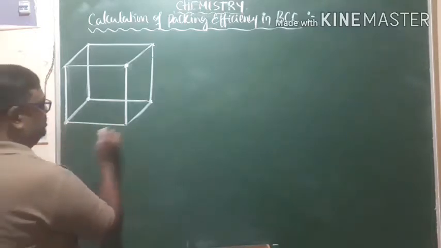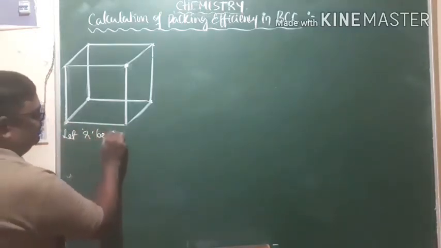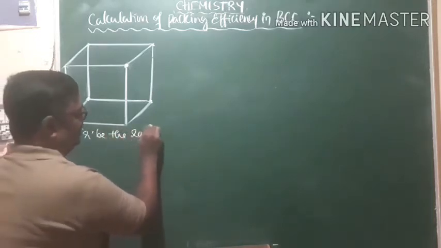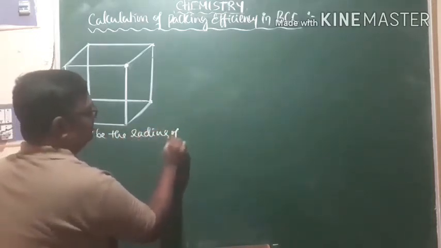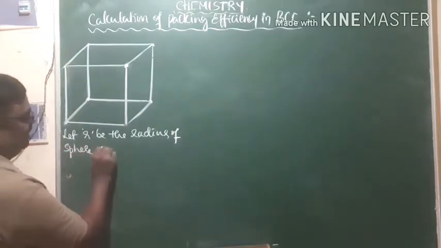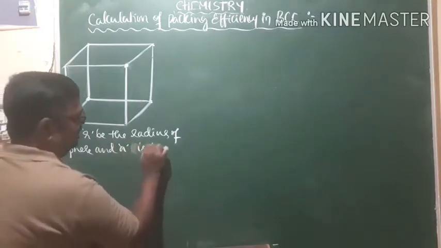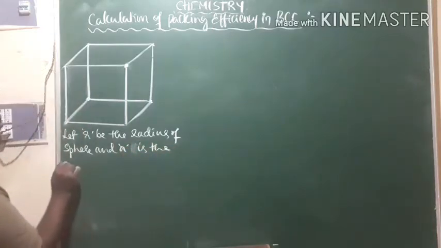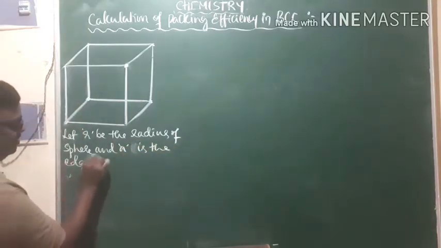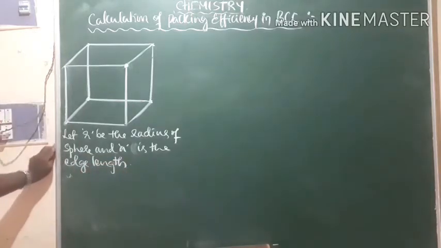Here, as usual, let R be the radius of the sphere and A is the edge length. We know this.